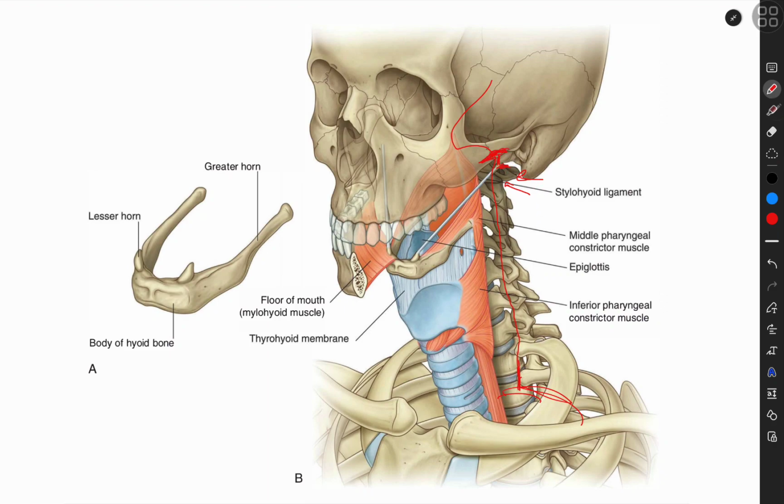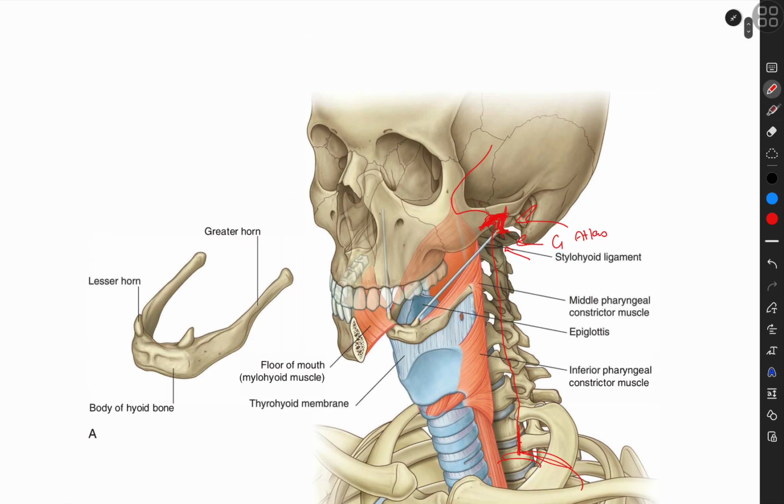Here are the occipital condyles on the occipital bone, the inferior surface of the skull. You can very clearly see it. C1 atlas has this superior articular facet which articulates here.